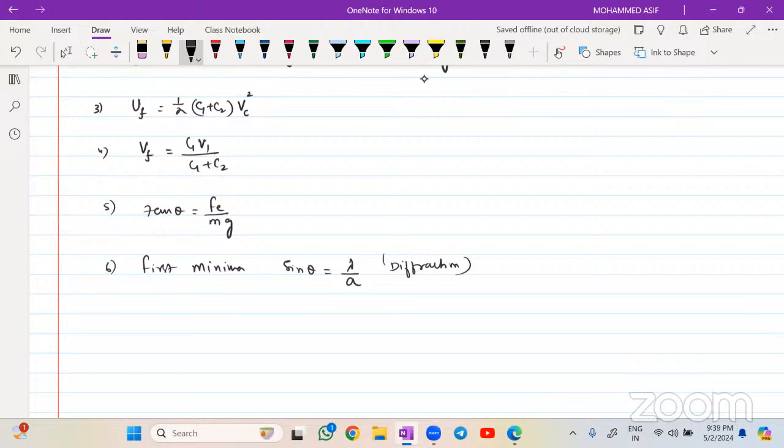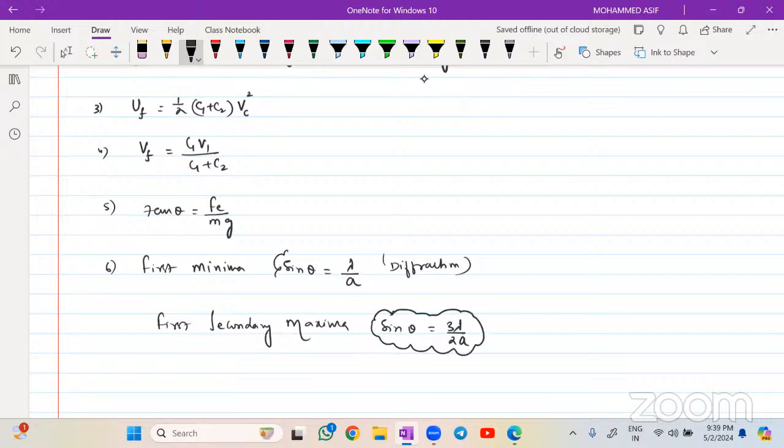Isn't it? The same way, if I talk about first secondary maxima, the formula is sin theta is equal to 3 lambda divided by 2a. Okay, diffraction के अंदर minima is lambda divided by a and first secondary maxima is sin theta equal to 3 lambda divided by 2a.